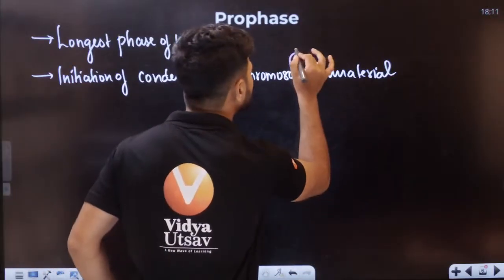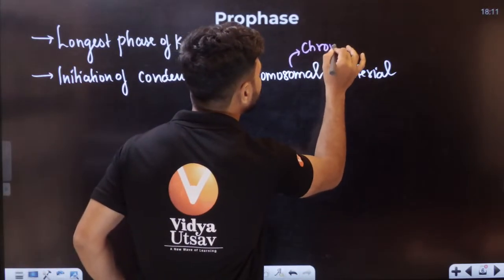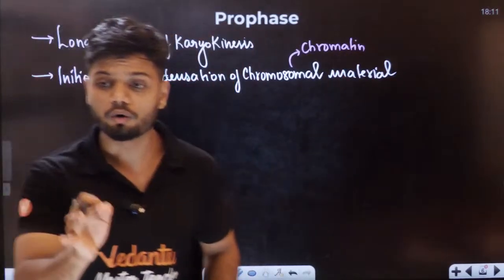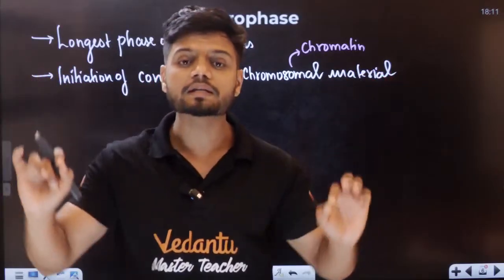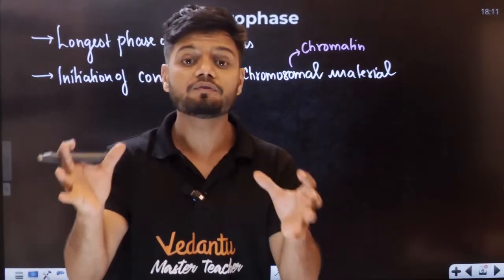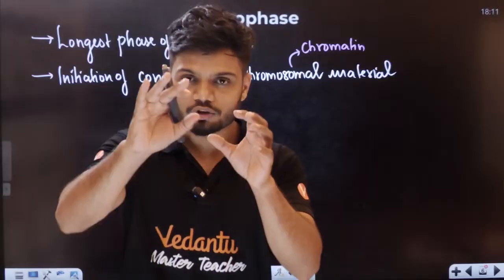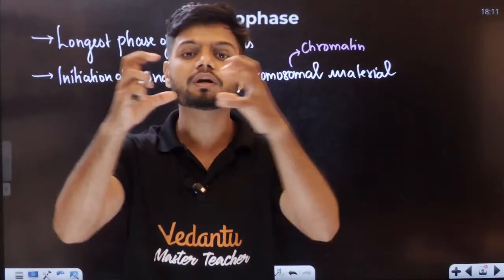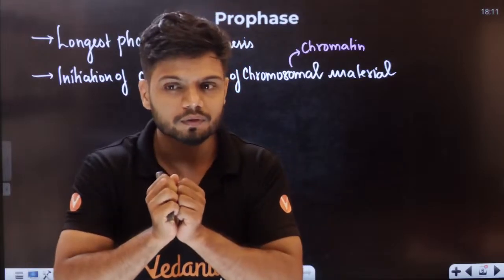That is nothing but the chromatin. Chromatin is the chromosomal material. Now if this long thread called chromosomal material undergoes condensation, students, all of you tell me, if you take the woolen and try to compress it, do you get a ball? All of you in the chat.